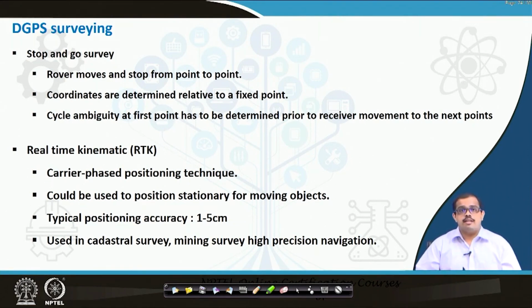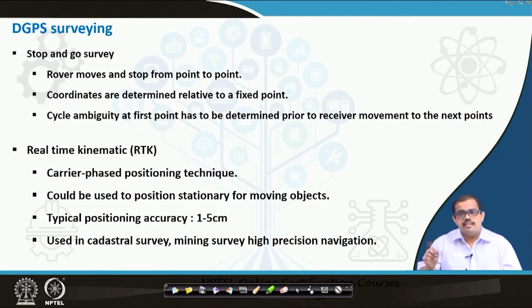Coordinates are determined relative to the fixed point, which is the biggest advantage or sometimes a disadvantage. The cycle ambiguity of the first point has to be determined prior to the receiver moving to the next point. If that ambiguity is not determined, then you are probably missing the entire error that may be induced in this particular system. The error may be even less than a meter.